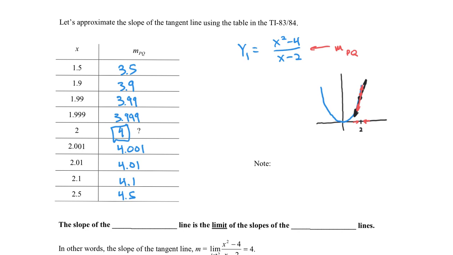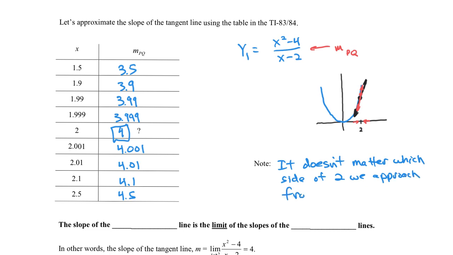Also, something that we mentioned, but just to make it official for this little note here, it doesn't matter which side of 2 we approach from. You can see that by looking at our table. So whether we approach 2 from the right or from the left, from values above 2 or from below 2, it didn't matter. We were still heading towards 4.